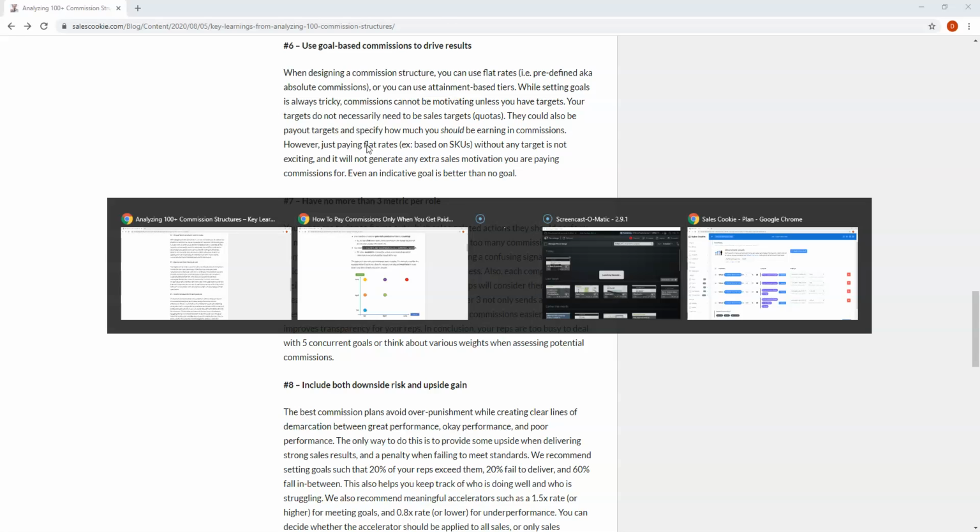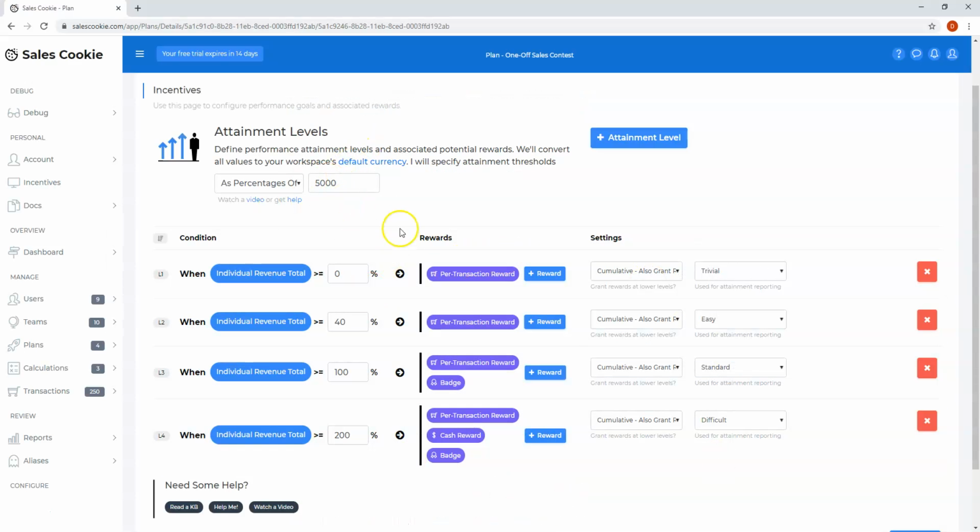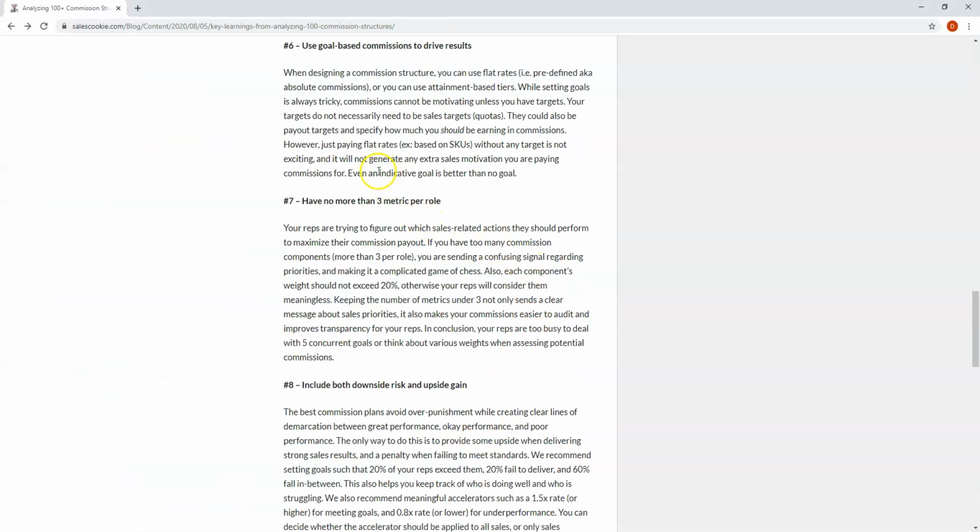So for example, let's look at a plan set up within Sales Cookie. If I have a plan level quota, I get 40% of that quota, I have a certain payout per transaction. If I reach 100% of my quota, I have a higher payout. So you could either have attainment metrics or you could have payout metrics, but any metric or any indicative goal is better than no goal.